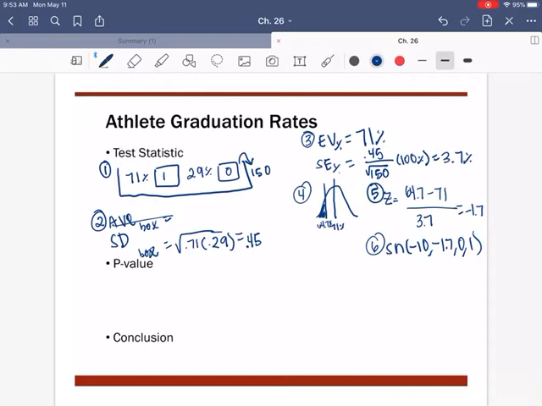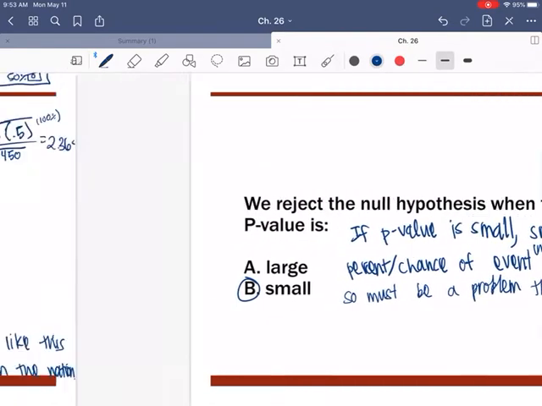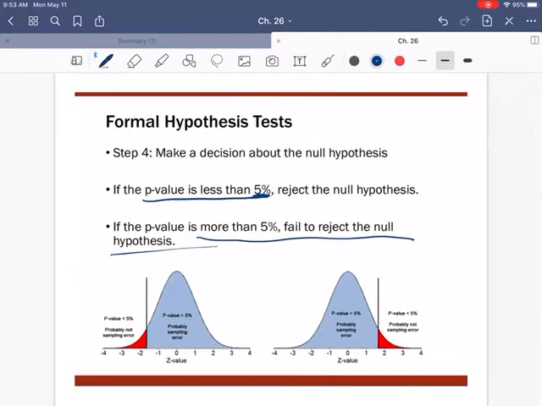Negative 10 to negative 1.701. So that is 4.5%. Okay, our p-value is 4.5%.